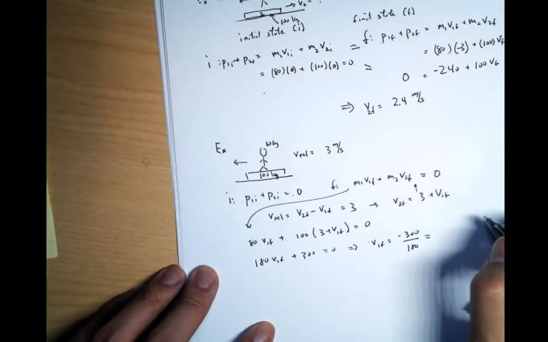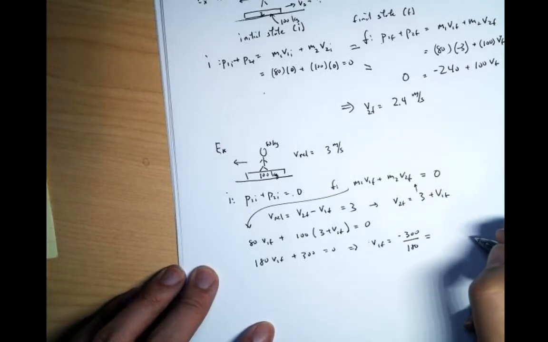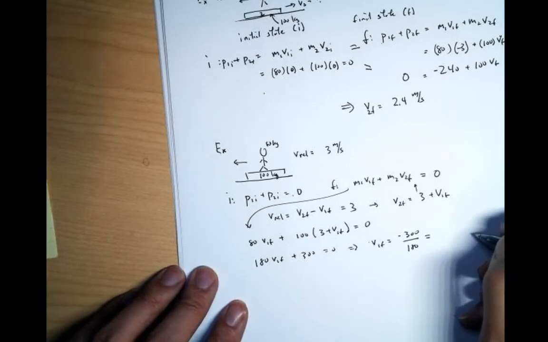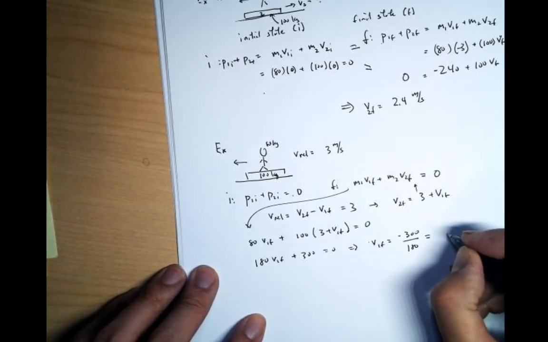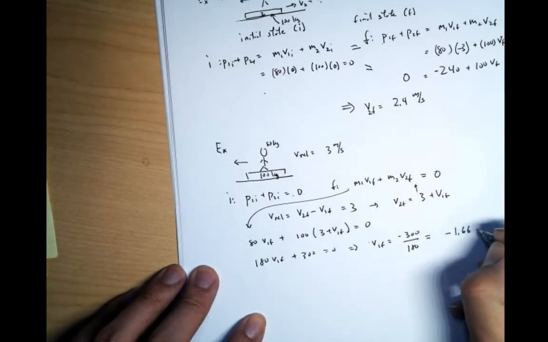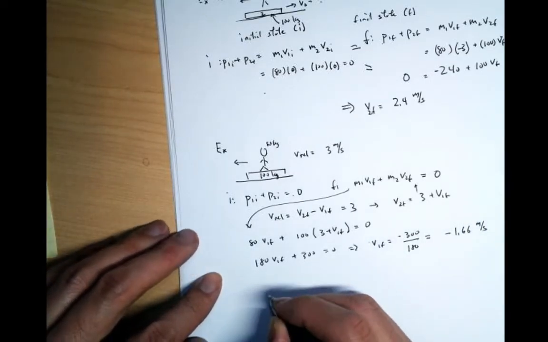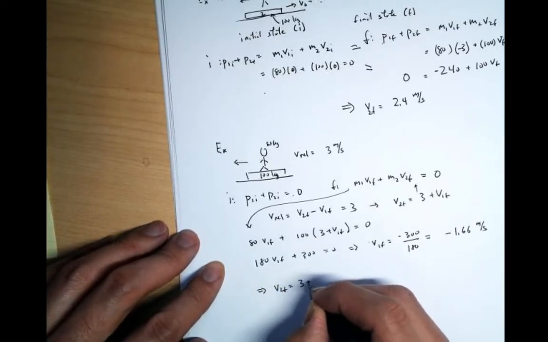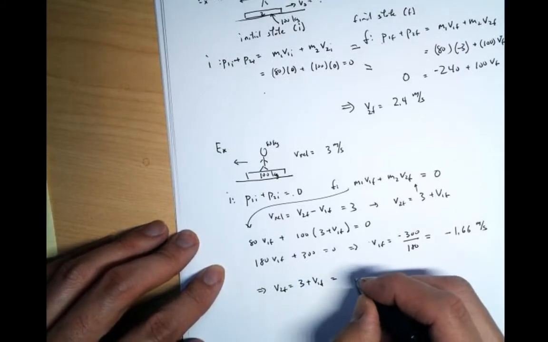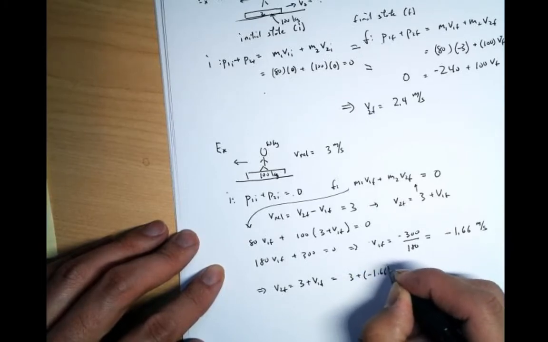This is minus 1.66 meters per second. And then that means that v2f, which is 3 plus v1f, is equal to 3 plus minus 1.66.